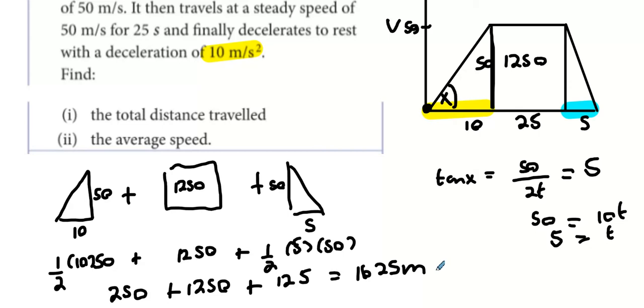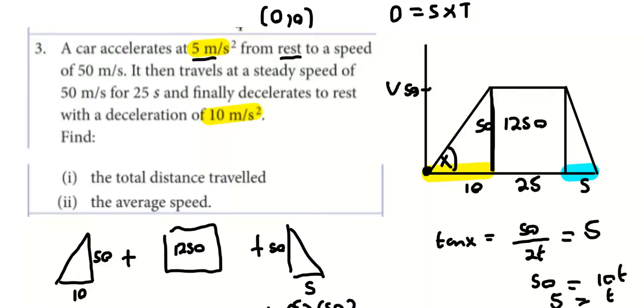Now, next thing we're going to do is the average, but before we do that, what I've done there is I've shown you the graph method for doing this question. Everybody cool with that? You always could have done UVAST if you wanted. You could have said UVAST, U is 0, V is 50, A is 5, and you could have used V equals U plus AT, couldn't you?